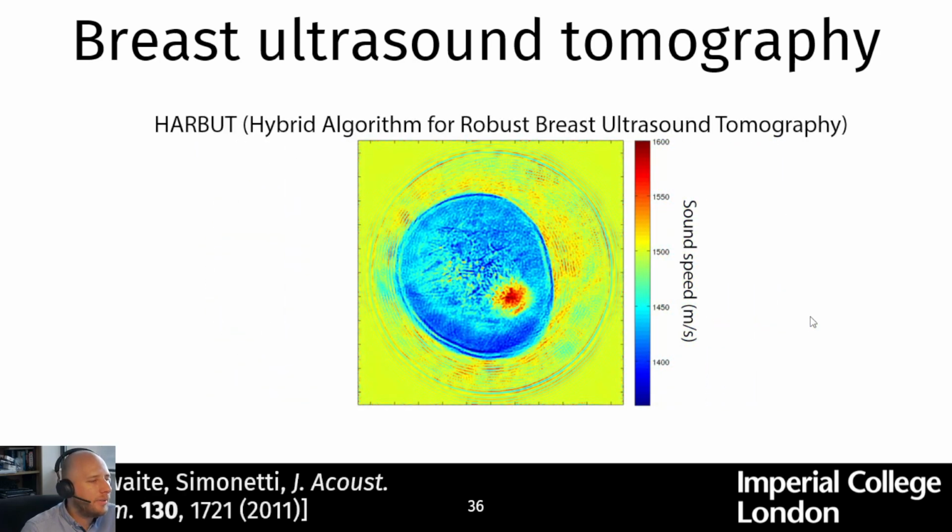The point of Harbert, the hybrid algorithm for robust breast ultrasound tomography, is to combine these two together, so get the best of both: the high resolution parts from diffraction tomography, but the low spatial frequency components from ray tomography. This essentially enables us to bypass the Born approximation, which causes problems with diffraction tomography here. You can see we get pretty good reconstruction here. There's more information in that paper.